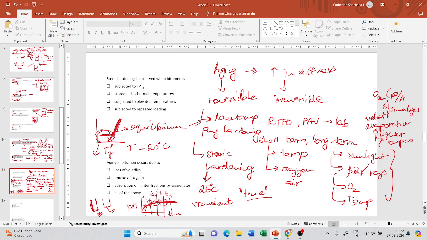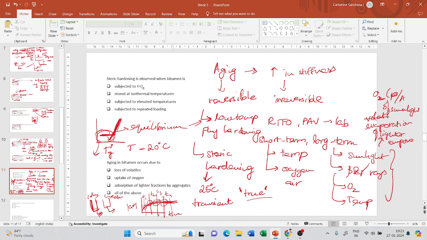But let us say this has been stored for 1 day and this has been stored for 1 week. Though this has achieved a constant material property, say you're testing after 1 week, at whatever time you measure the properties, the property G star is expected to be the same. Why? Because after a particular point the steric hardening reaches an asymptotic value, right?